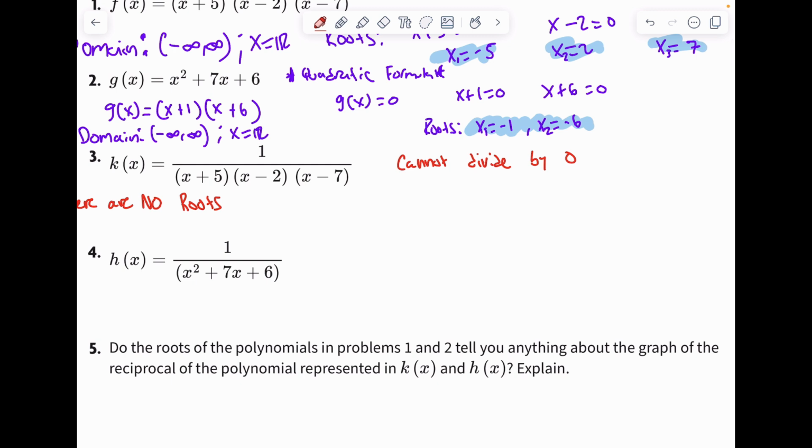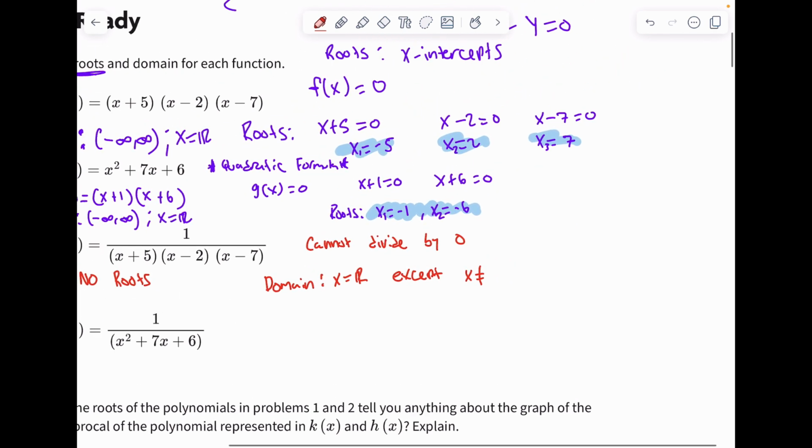So then I know that my domain here is all real numbers except what? So x is equal to all real numbers, except x cannot equal your roots, right? -5, 2, and 7.